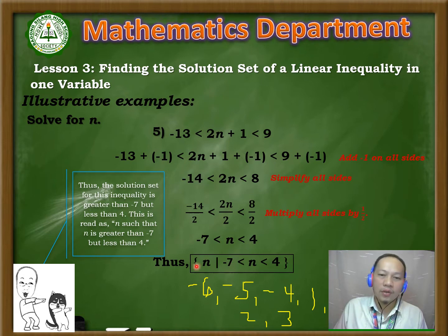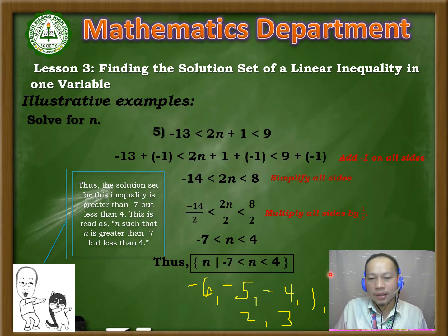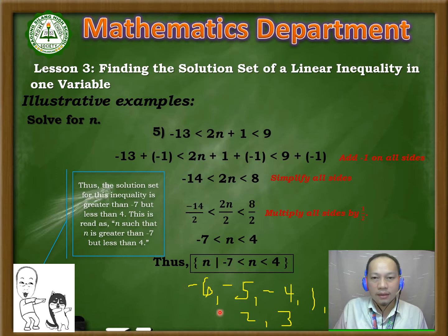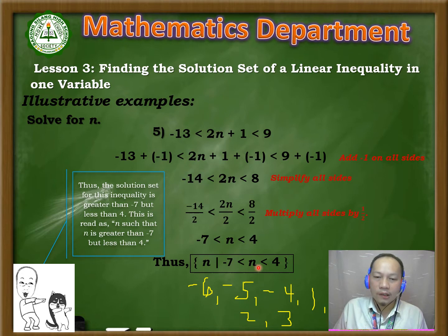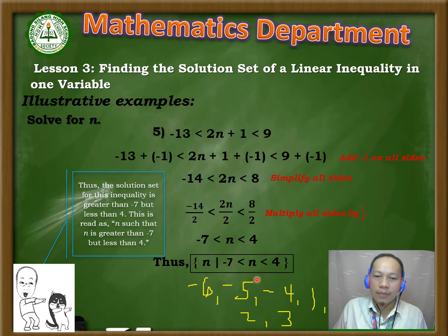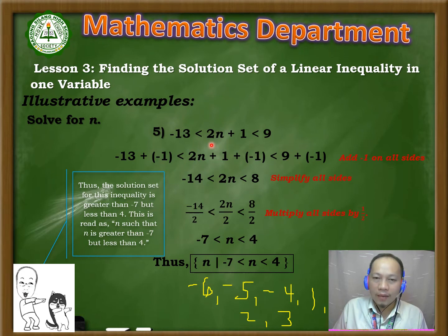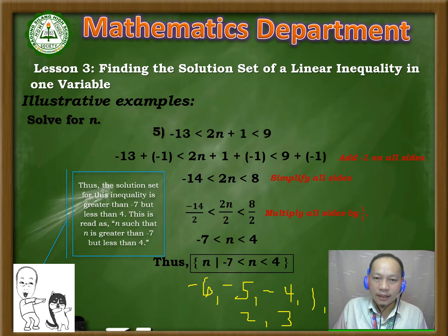But let's try to check whether one of the solutions can satisfy this inequality. Let's try negative 5. If n is negative 5 based on its solution set, then 2 times negative 5 is negative 10, plus 1, so it's negative 9.